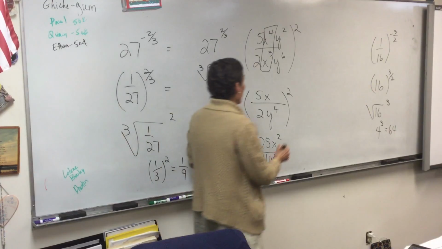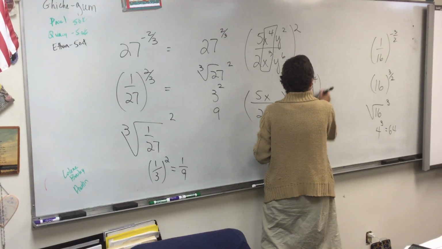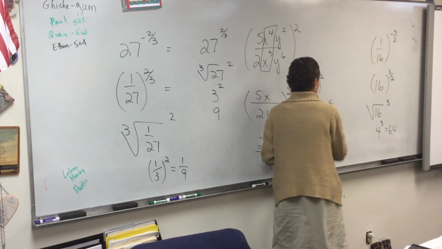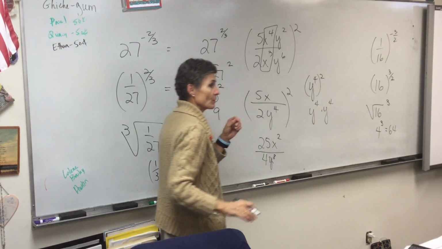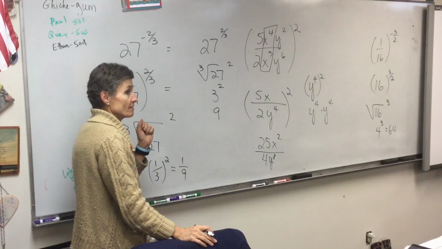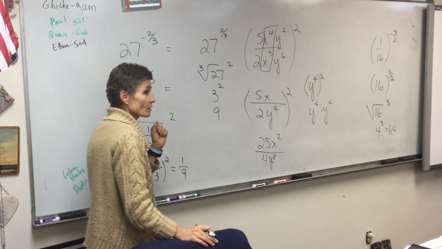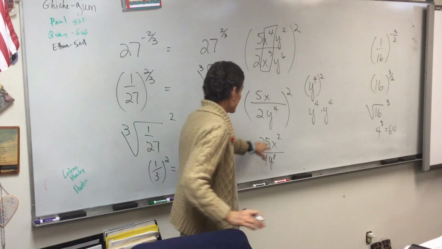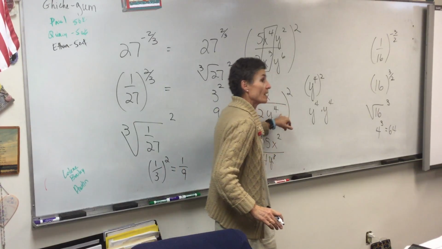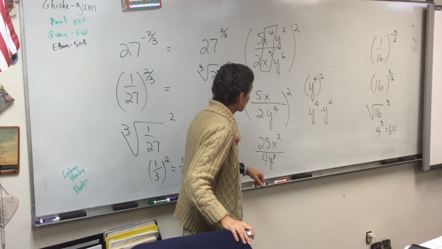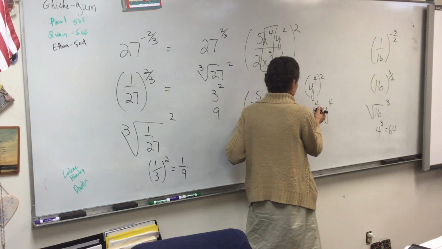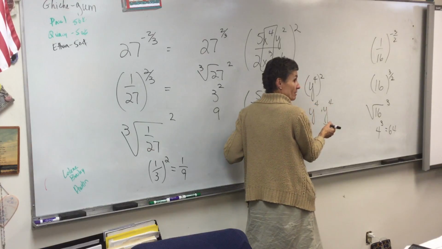If you do y to the 4th squared, it means y to the 4th times y to the 4th. How many y's is that all together? Y to the 8th. You don't square the exponent, you multiply them.